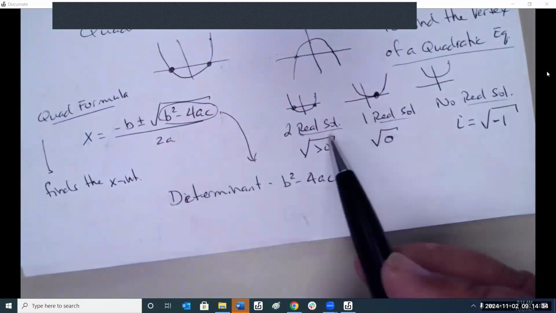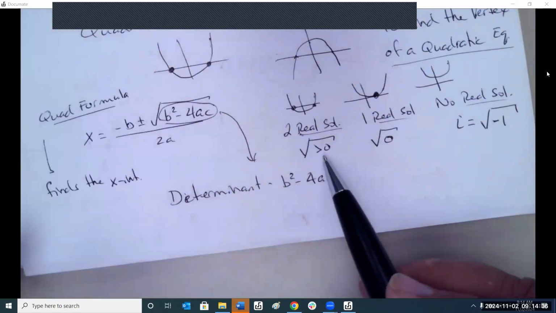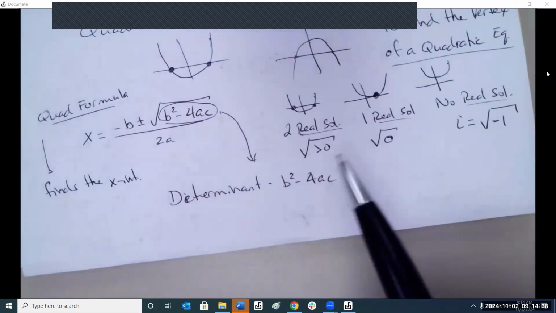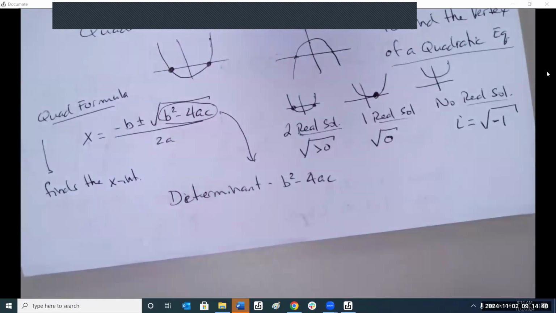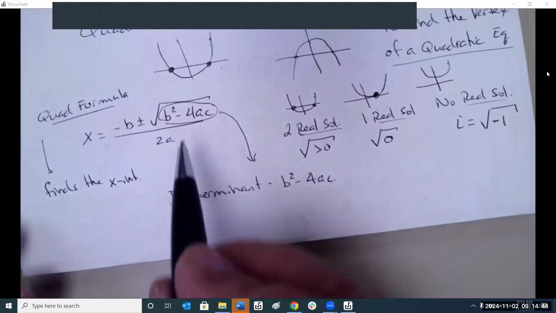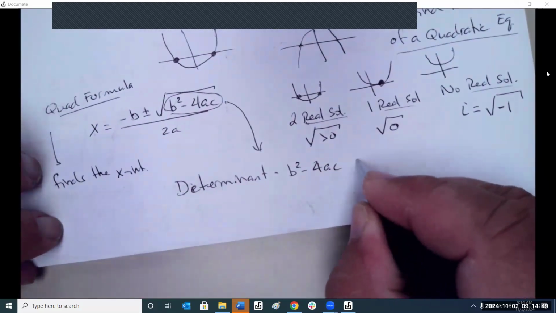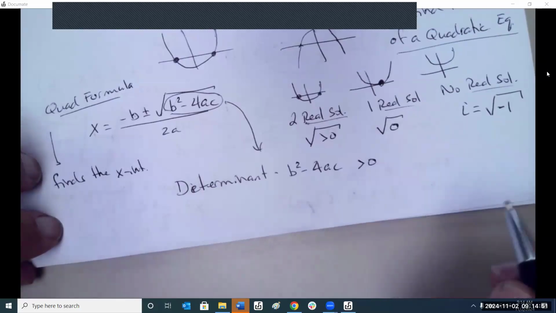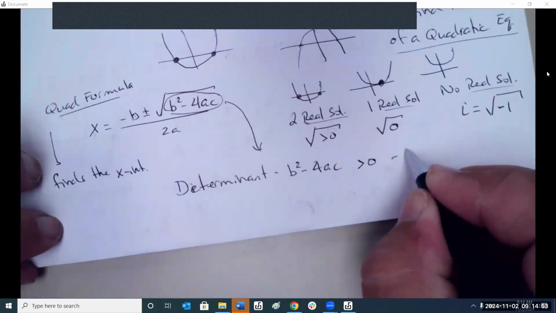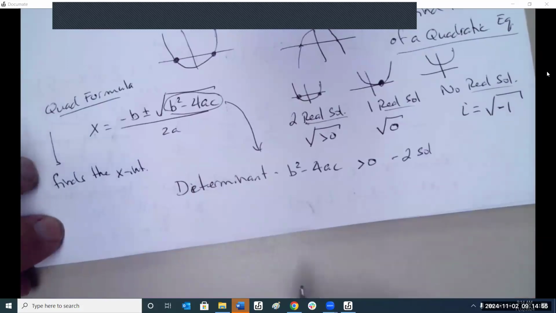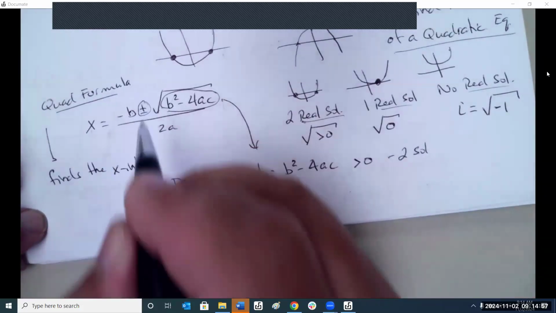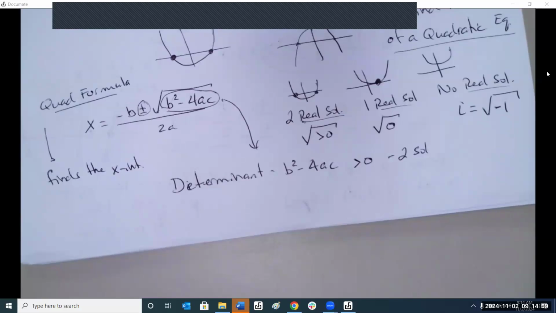Let's think about it. If whatever's inside the square root is a positive number, like 4, can we take the square root of it? The square root of 4 is 2. So if that number is greater than 0, then we're going to have 2 solutions. Why 2 solutions? Because we have a plus or minus. We'll do an example about what this means in a second.